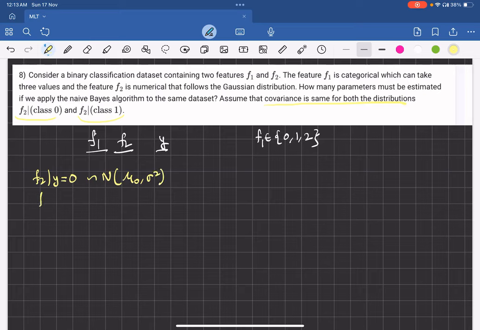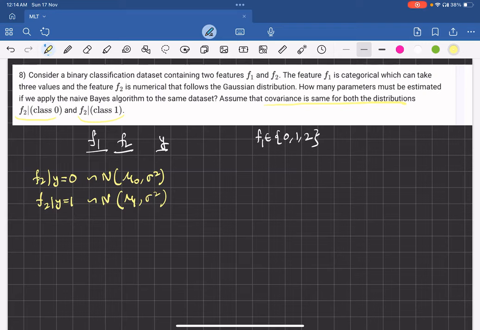Similarly, f2 given y equal to 1 follows normal mu1, sigma square. Again, these sigma squares are the same. These are the assumptions corresponding to the Gaussian feature.